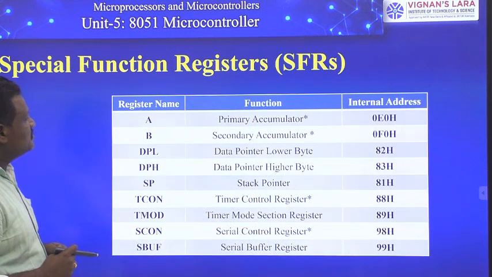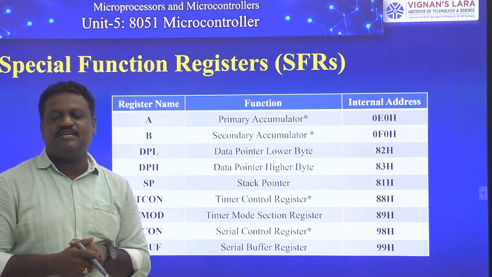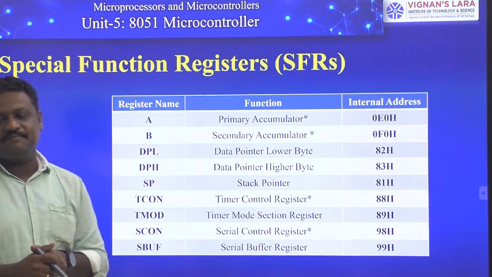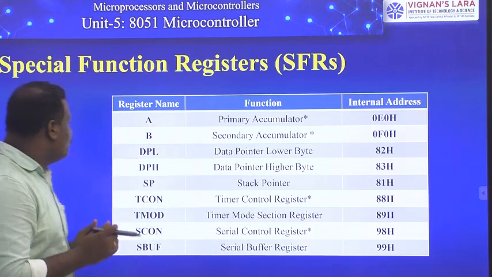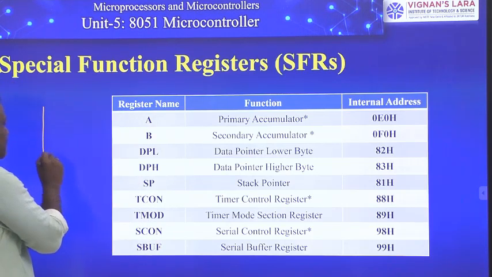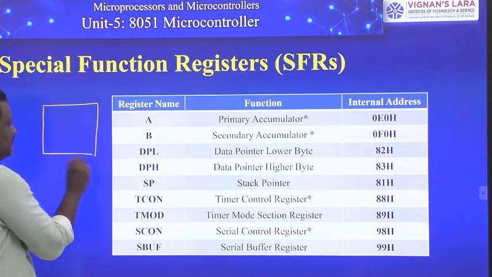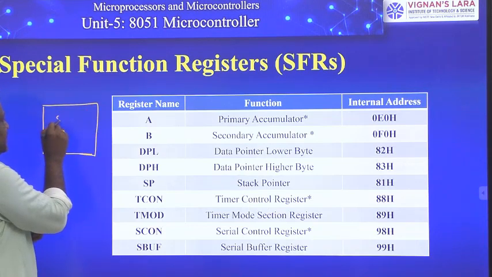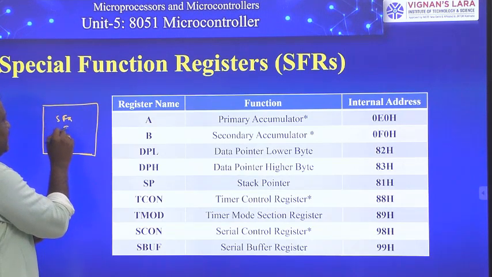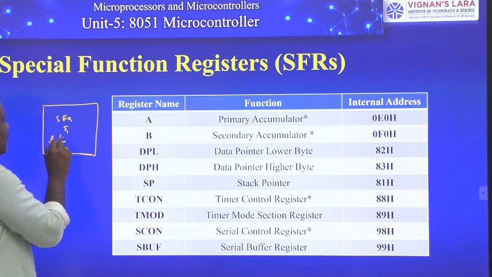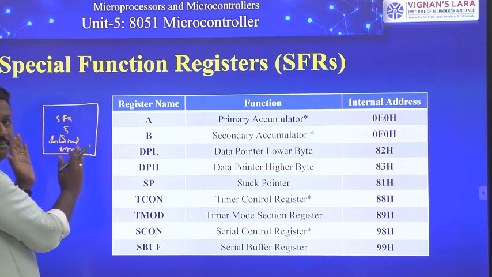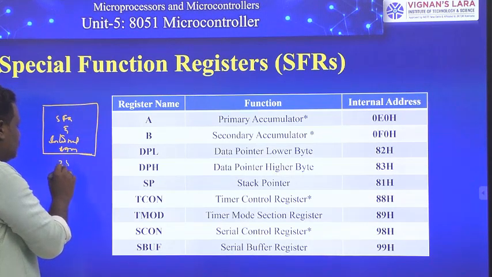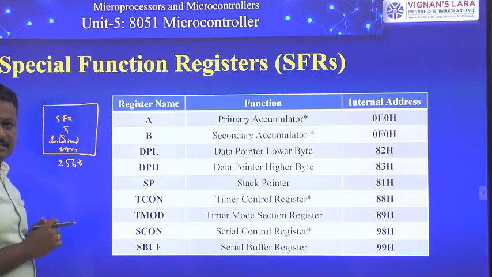And coming to the special function registers present in our 8051. Once you remember the architecture of 8051, one block is titled SFRs and internal RAM. I clearly told you that the whole block size is 256 bytes.